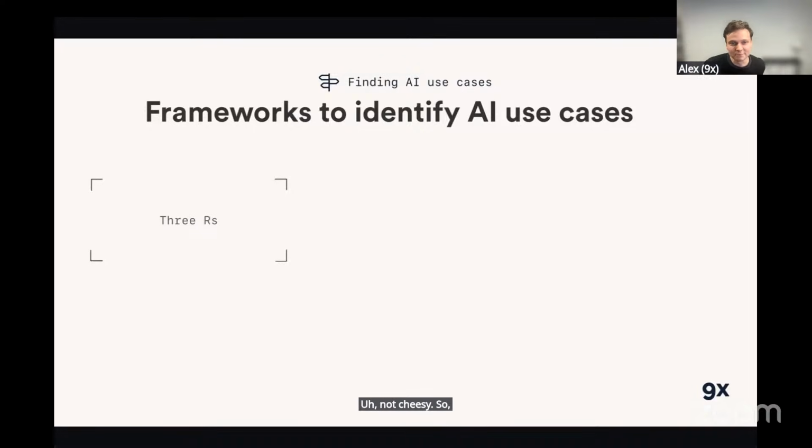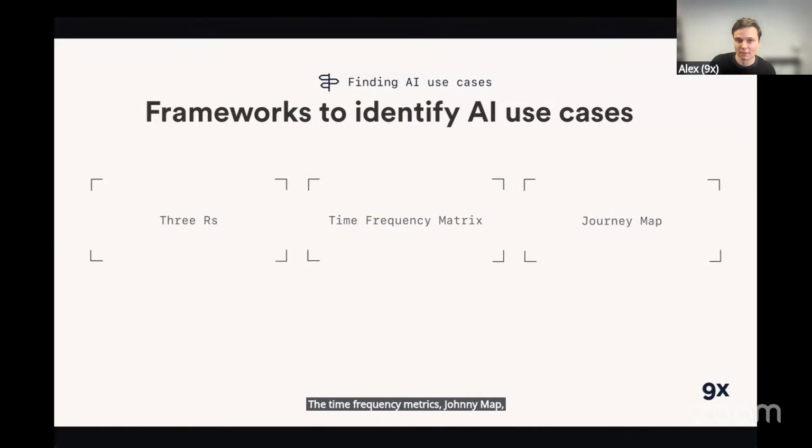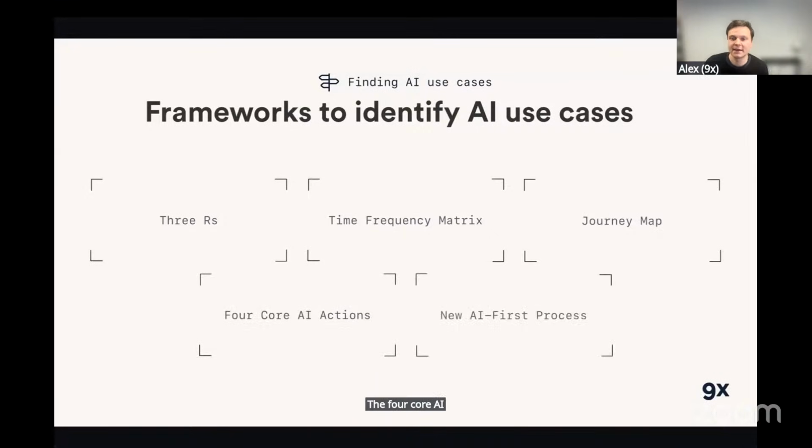So we call them, in no particular order, the 3 R's, the time frequency matrix, journey map, automation out, the 4 core AI actions, and the new AI first process. All right, so there's some of them I think you will be able to guess with me. Others, we'll see.